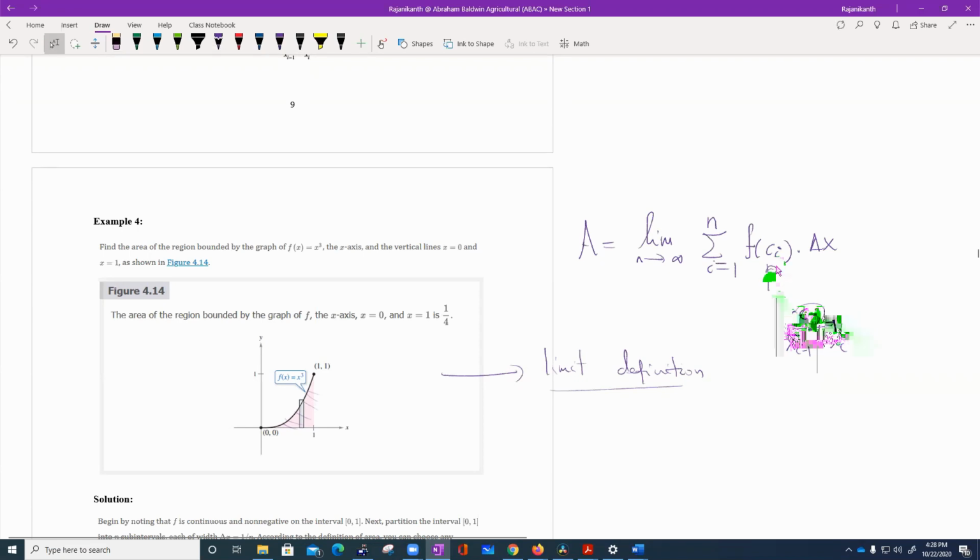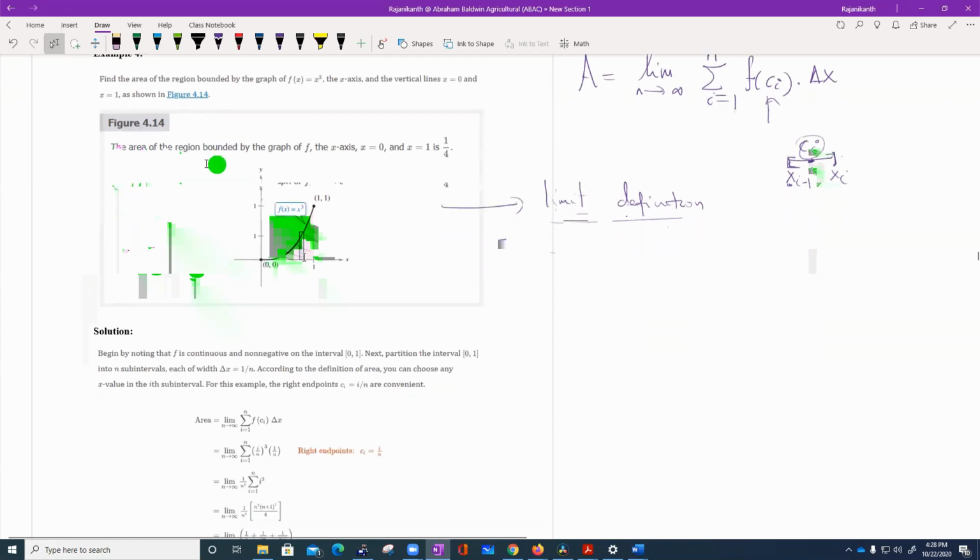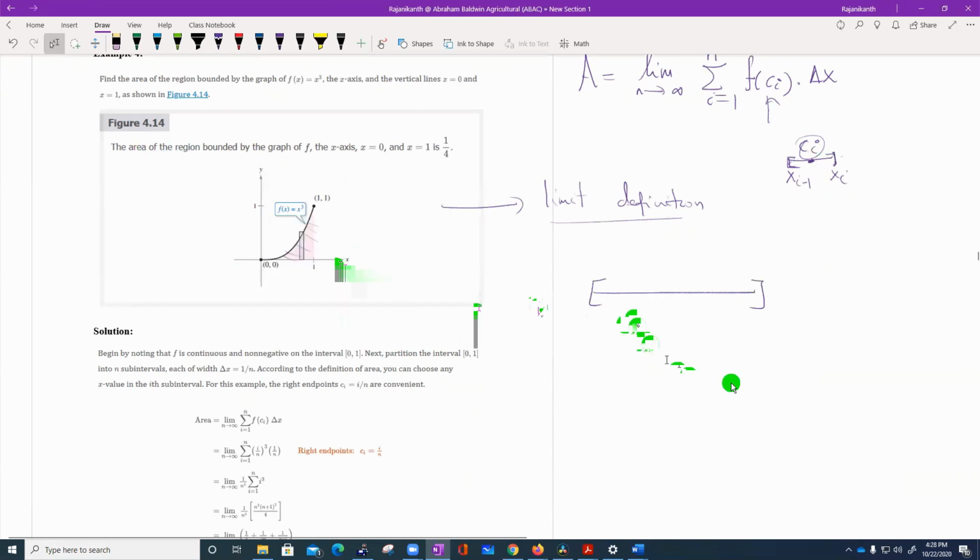Okay, so look at this problem. What have they done here? So basically we are finding this area, right? The given interval is now 0 to 1. Our task is to divide this entire interval into n subintervals.